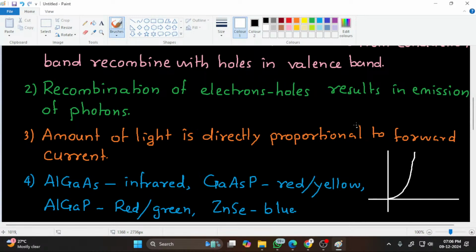So 1 2 3 4 5 volt like this you can write, and current is in milliampere, like 10 20 30 40 milliampere. So these are the VI characteristic of the diode.